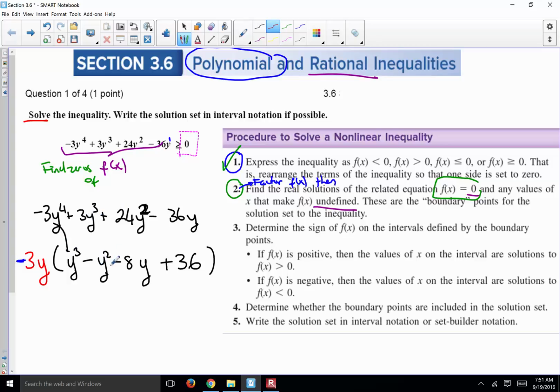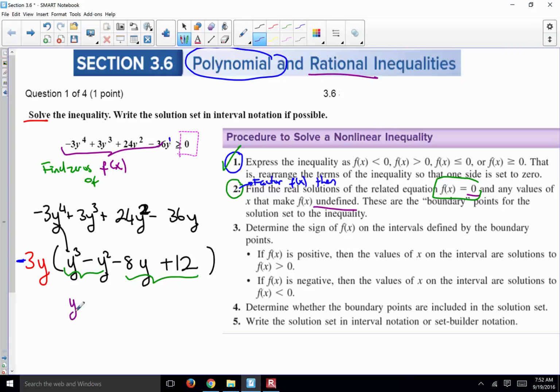Positive y cubed, negative y squared. 24 divided by 3 is negative 8. 36 is not 36, right? I made a mistake here. Divide by 3, negative 3y. It is 12. Okay, usually this is what I do, but don't write this. You group this 2 by 2 and search for something common.